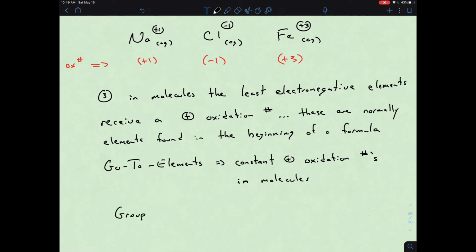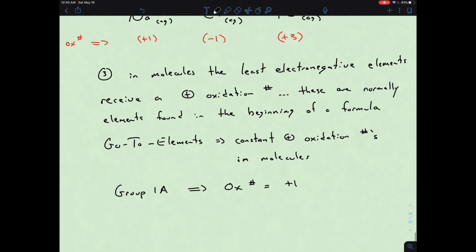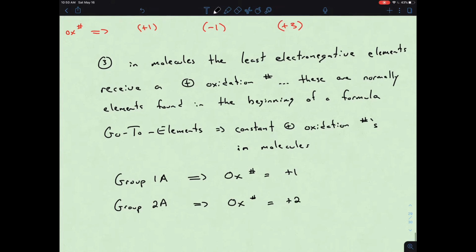These are ones that we've talked about before, right, with group 1A. The oxidation number that they like is +1. Group 2A, the oxidation number they prefer is +2.